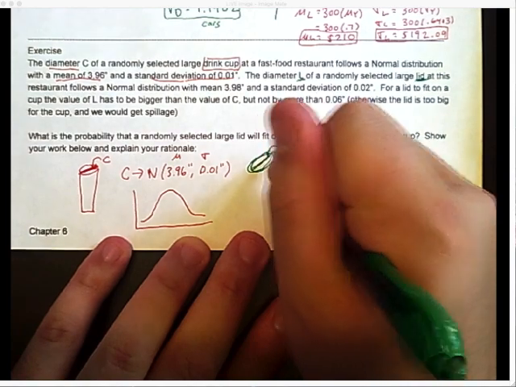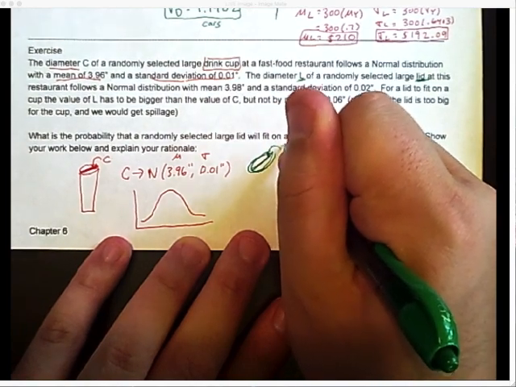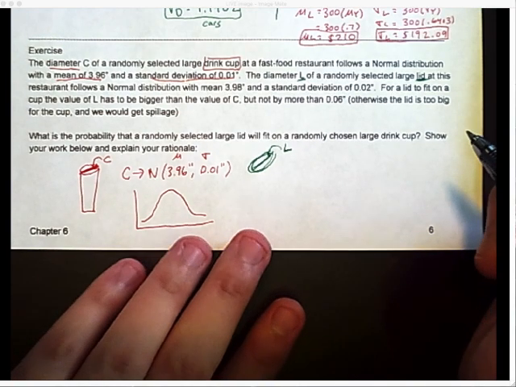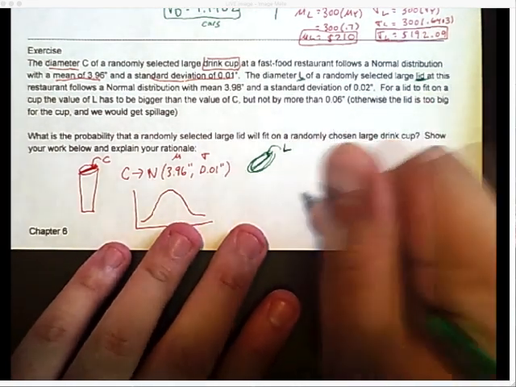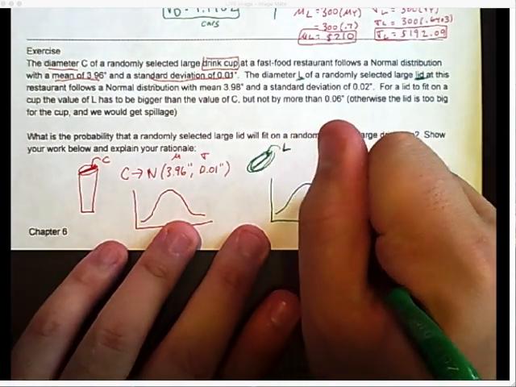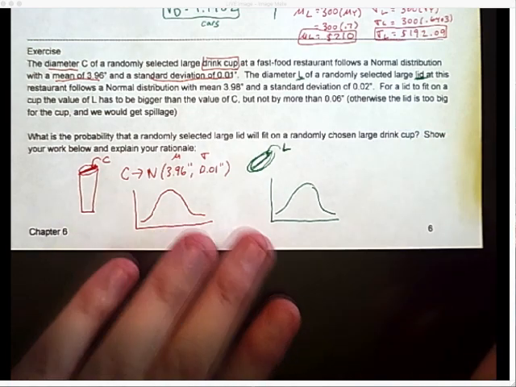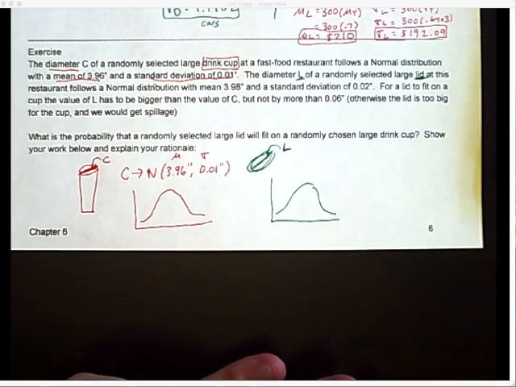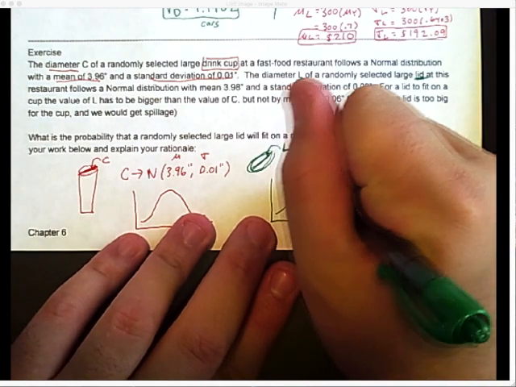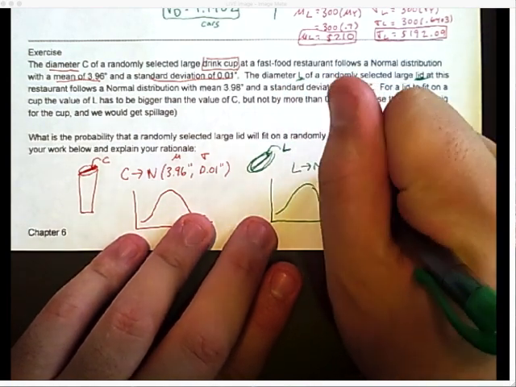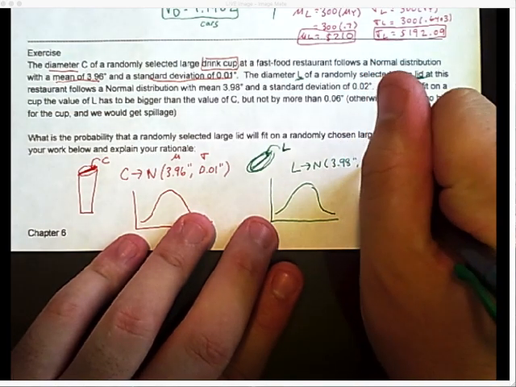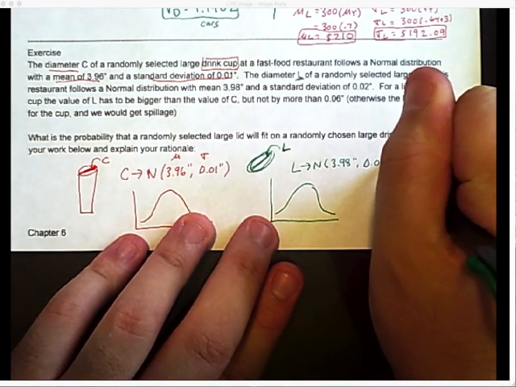And that's a random variable, which we call L. And this lid distribution also follows a normal distribution, with a mean of 3.98 inches and a standard deviation of 0.02 inches.